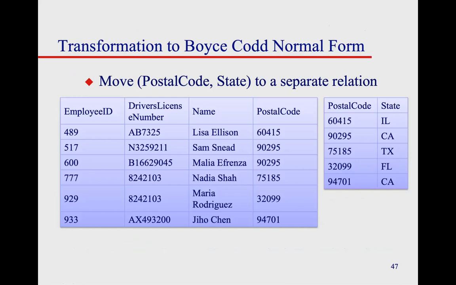And you'll notice this one, it's hard to say what exactly this relation is. It's not really an entity, because a postal code is not really an entity. It's not a multi-valued attribute, because every tuple in here is actually unique. You might say it's a relationship between a postal code and a state, except that postal code and state are attributes.